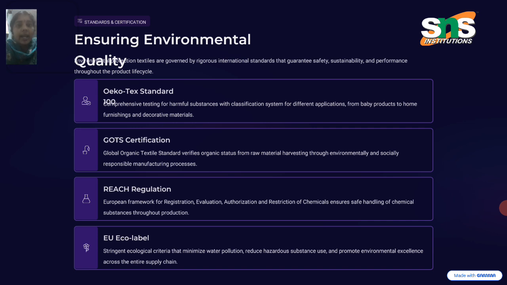Next is Eco Label. The significant ecological criteria minimize the water pollution, reduce the hazardous substance use and promote environmental excellence across the entire supply chain. So these are the main four concepts of quality.